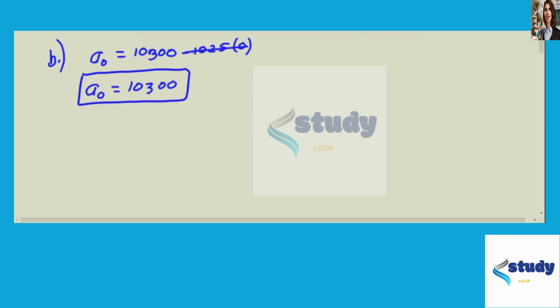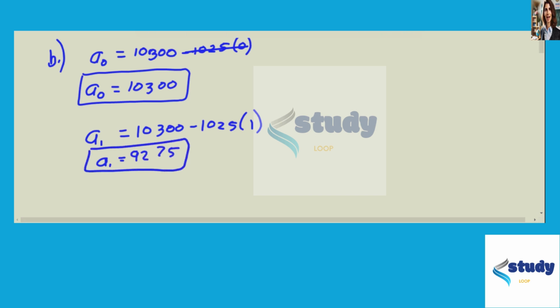Now to find after 1 year, we'll substitute in 1 for t. We'll have 10,300 minus 1,025 times 1. 1,025 times 1 is still 1,025, and 10,300 minus 1,025 is equal to 9,275.